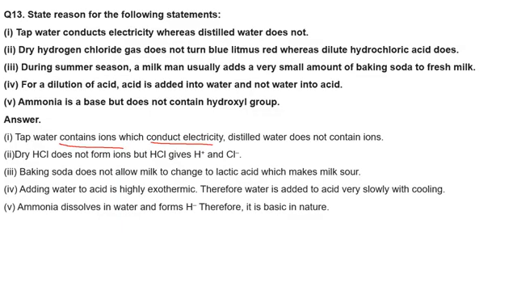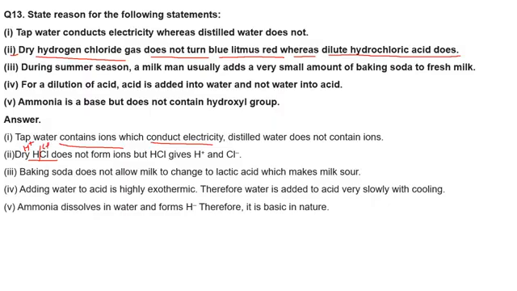Next, dry hydrogen chloride gas does not turn blue litmus red, whereas dilute hydrochloric acid does. Why? Because this is a dry gas where the hydrogen ions and chloride ions are not dissociated.